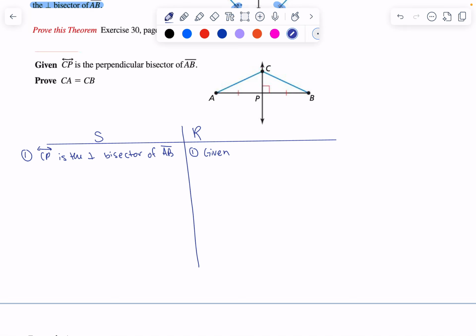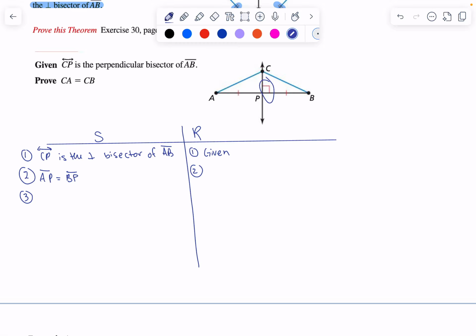Now remember, that means we know two pieces of information. We know that CP is cutting segment AB in half, which means AP is equal, or we could say congruent, to BP. And the other thing that we know is that the way it intersects with segment AB forms 90-degree angles.